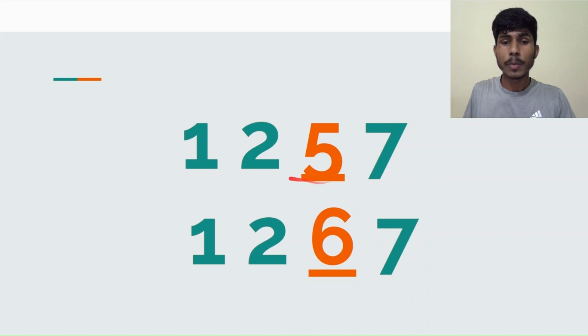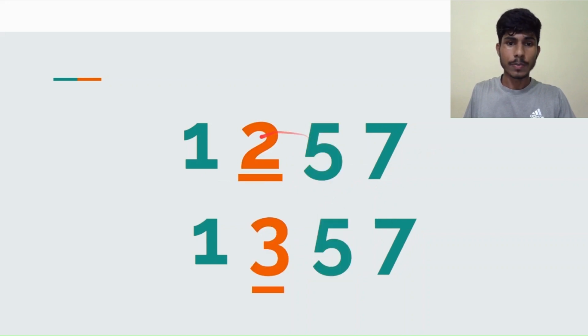So you need 10 numbers to reach from 1257 to 1267. That is the reason we say 5 is in tens place. Okay, did you understand it, right? If we change 5 to 6, the total value is changed by 10 units. Okay, that is the reason 5 is in tens place.